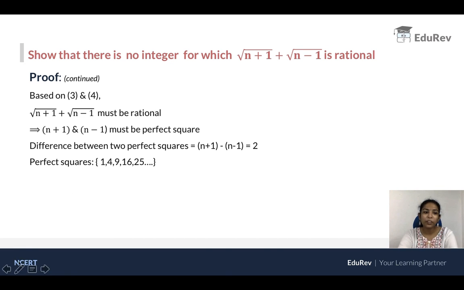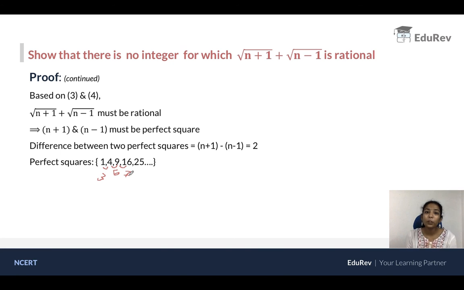What is the difference between those numbers? Check between 1 and 4. The value was simply 3. And here for 4 and 9 the value was 5. And then for 9 and 16 the value was 7. For 16 and 25 the value was 9.